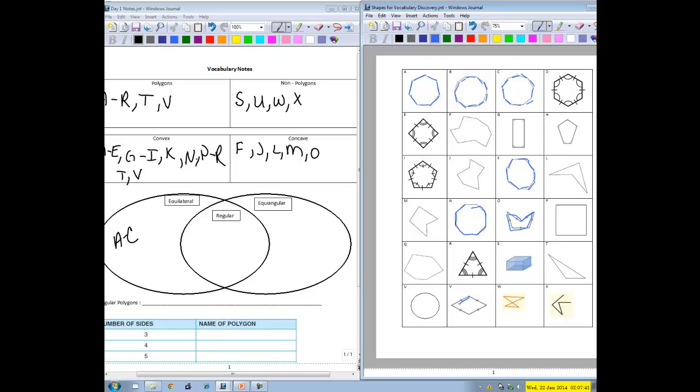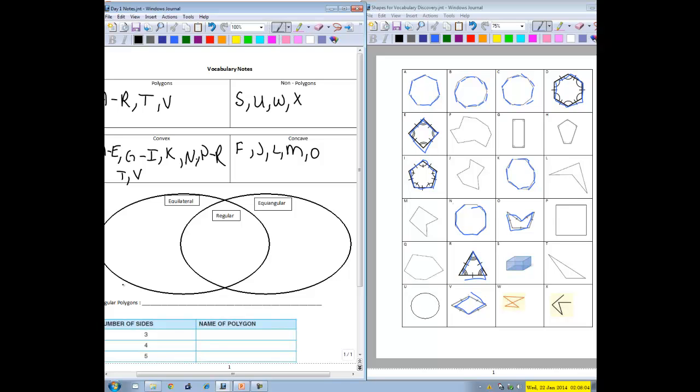V sides are equal to each other. And then of course, this one shows me that they are equal to each other as well, all those sides. And these are all equal to each other. And this one too. So all the different ones that are equal to each other.